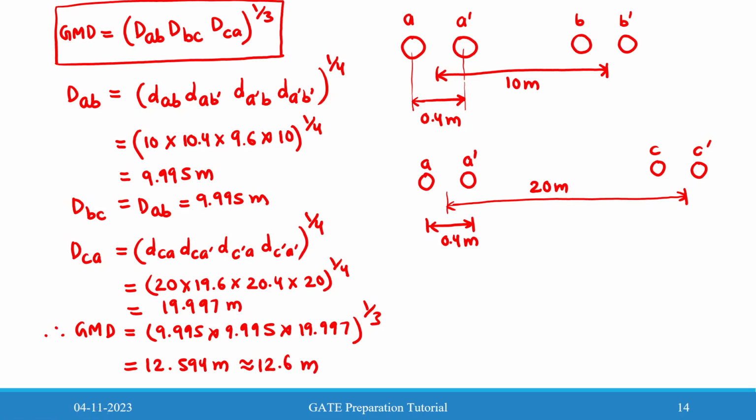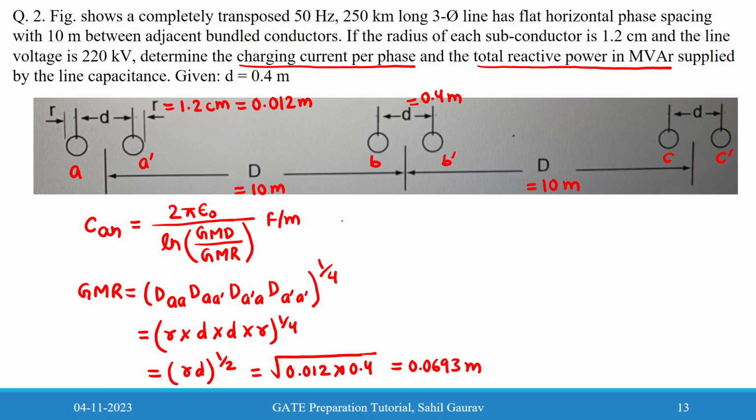Correct. Now one may find it directly, because they may use this 10 meter ratio directly.